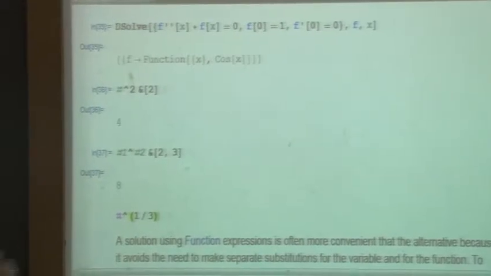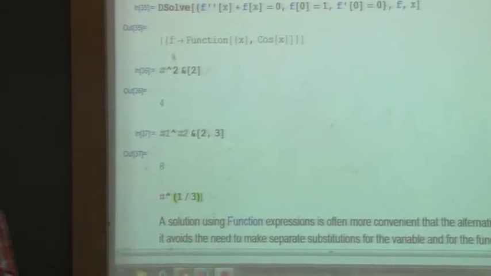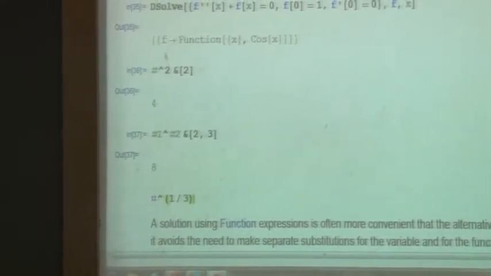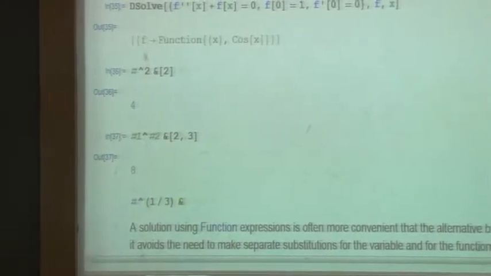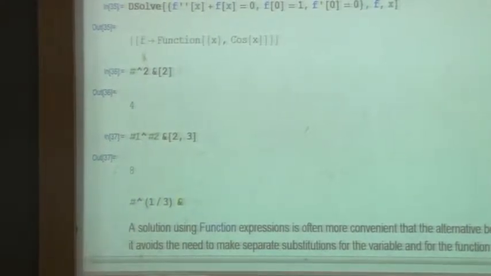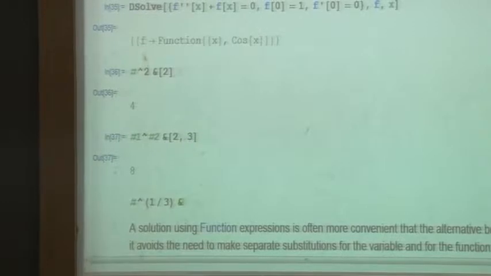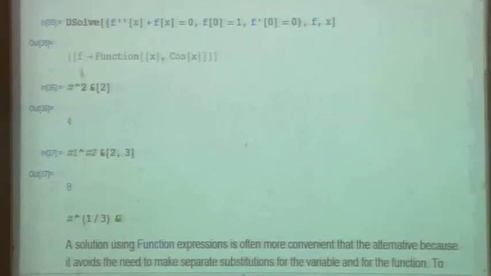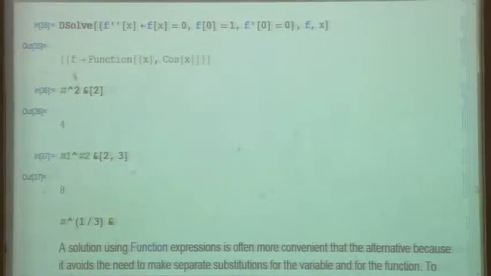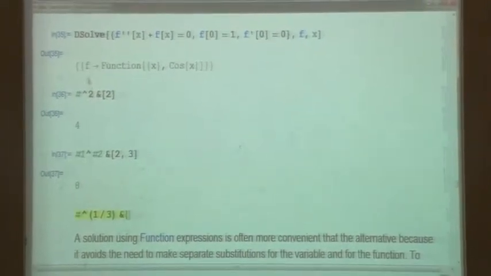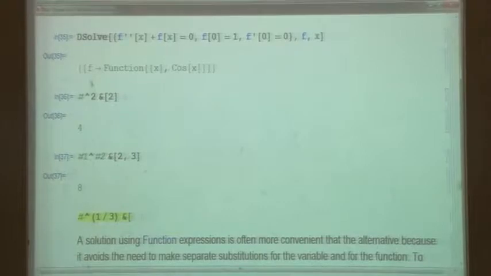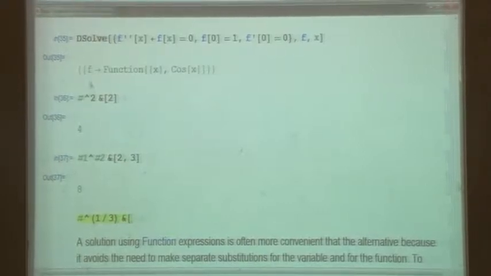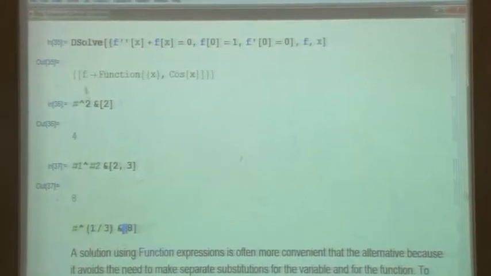I need to tell Mathematica that this is the value of a pure function. How do I do that? By putting the ampersand. You see, it automatically becomes green. So now Mathematica understands this is a pure function. This is the value of the function, I need to give it an argument. So the argument, for example, could be a, and I use, again, square brackets, as usual. Okay?